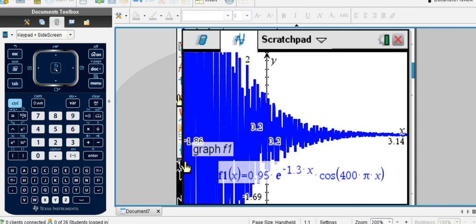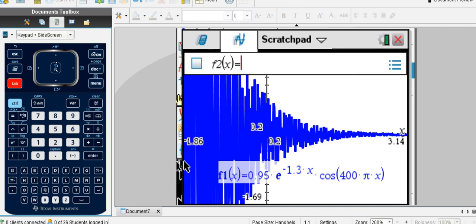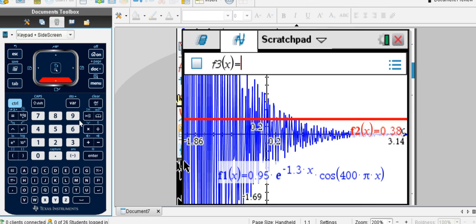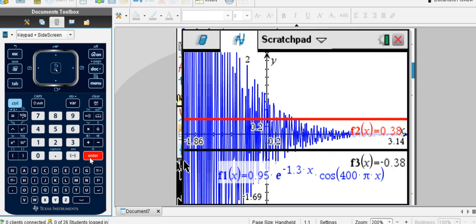So where would those occur? Well, if I go tab here and I type in, sorry, my calculator is going crazy here. If I type in 0.38 and negative 0.38, we should be able to see the values.